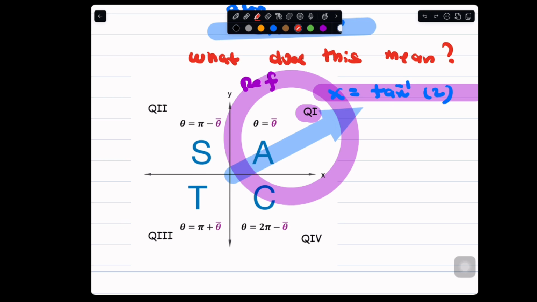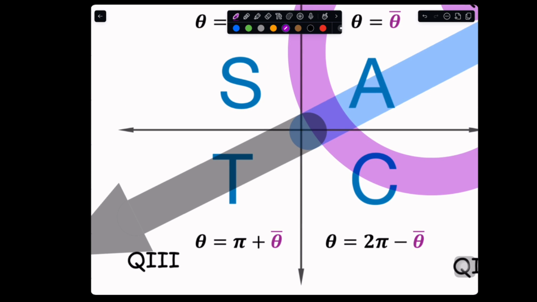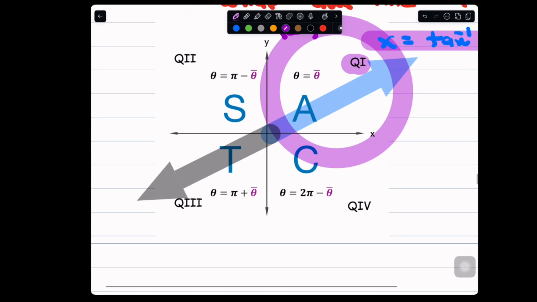My second solution is where? Quadrant what? Isn't it a quadrant 4 solution? I'm sorry, quadrant 3? Sorry. I did drink Husky coffee, but I'm still asleep. Quadrant 3, because tangent is positive there. And this differs by what? Do you guys recall? Yeah, by pi.